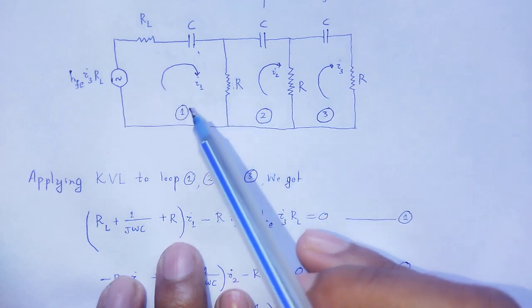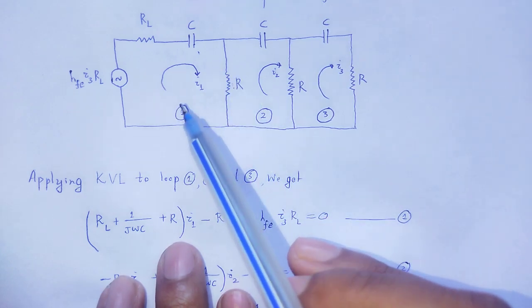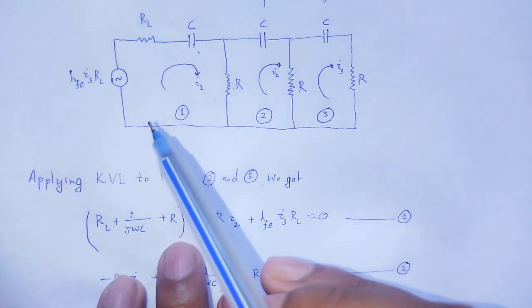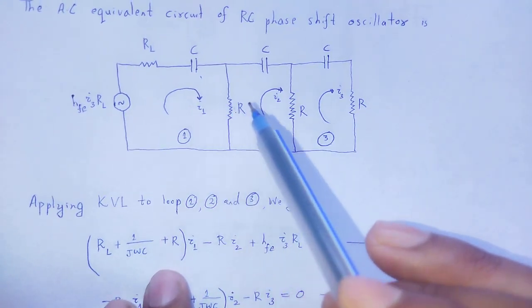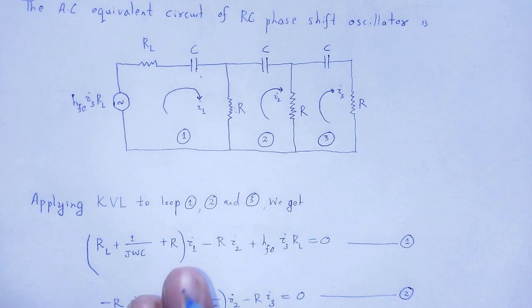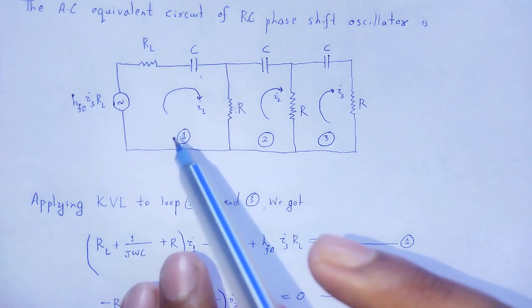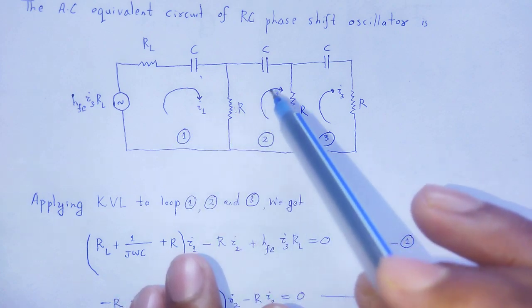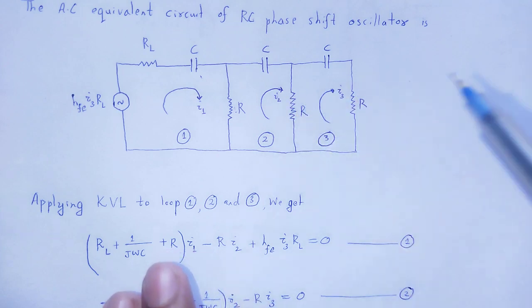We can simply analyze it in terms of currents. As there are three currents I1, I2 and I3 in the three loops, we can simplify it in terms of I1, I2 and I3.